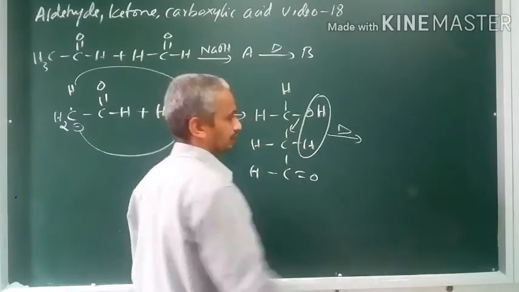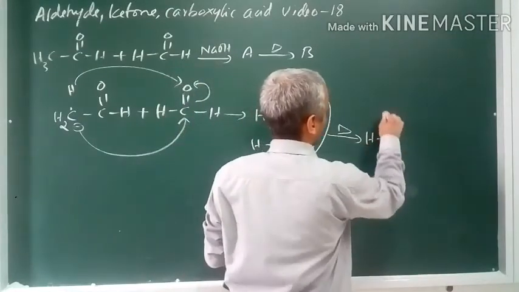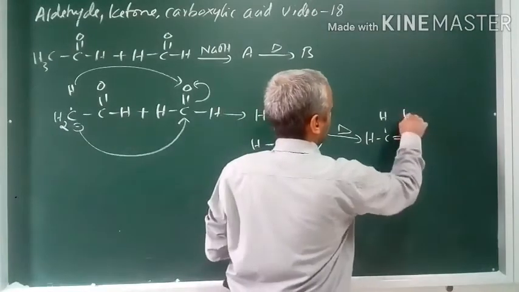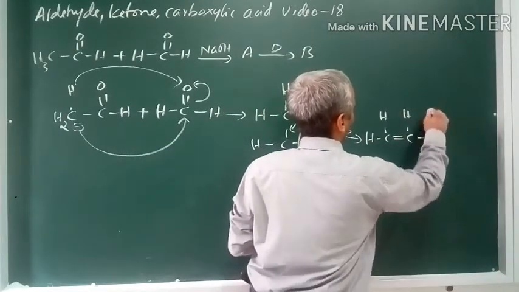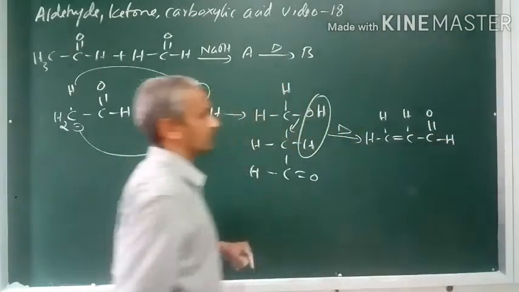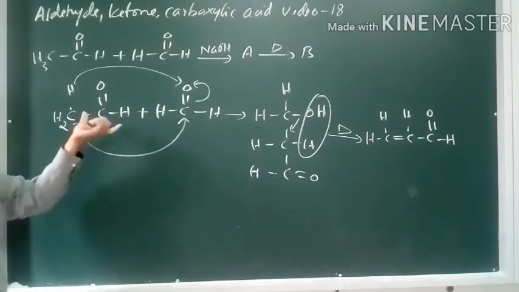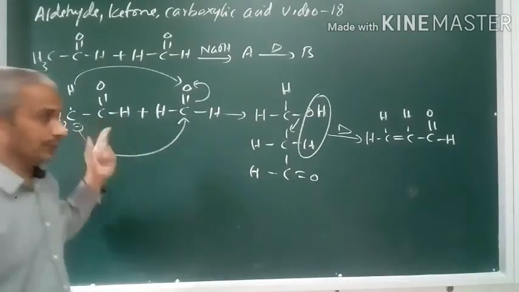So what is the product? CH double bond CHCHO. This is the product. And remember, another product will be the final product.